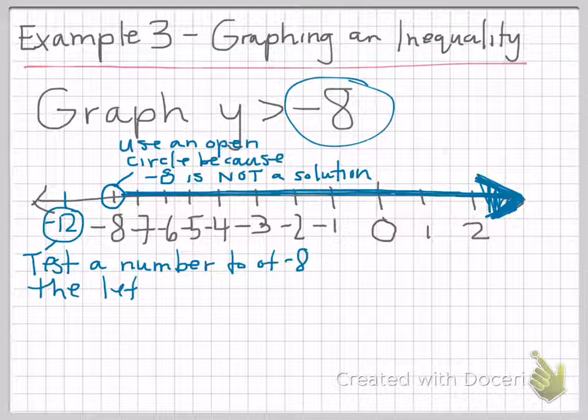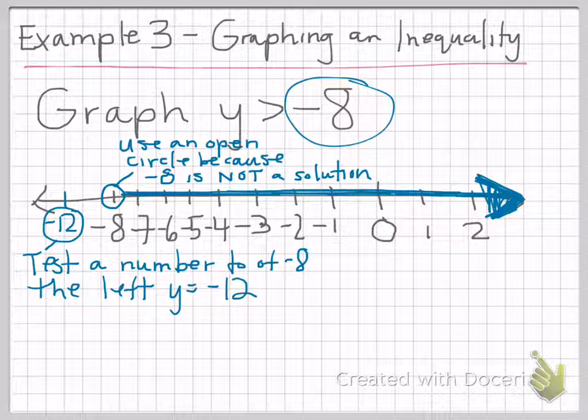And if that's true, then you're right. So we chose -12. So if we said y equals -12, let's stick that in. Look, -12 is greater than -8? Nope, that's not true. So we are right.